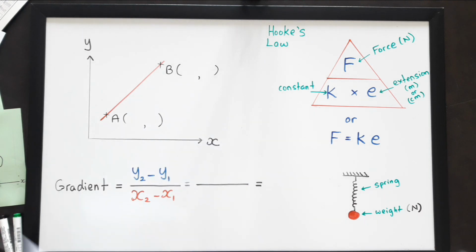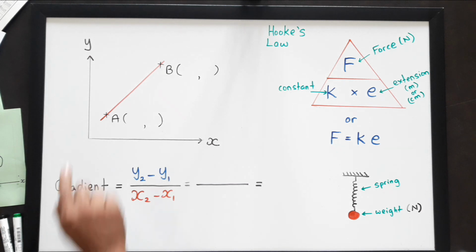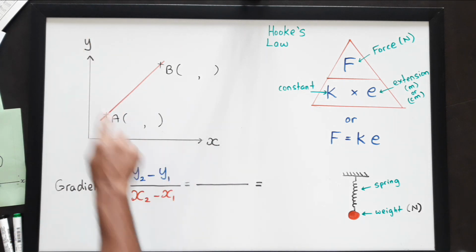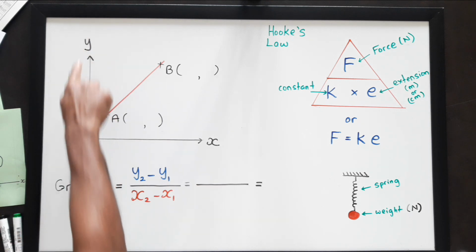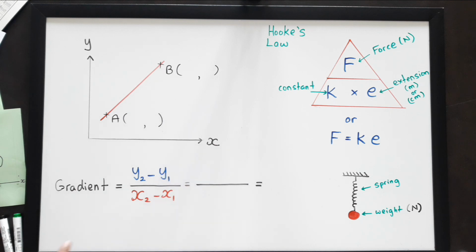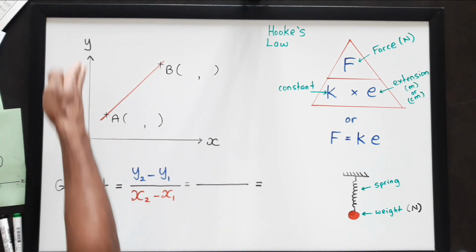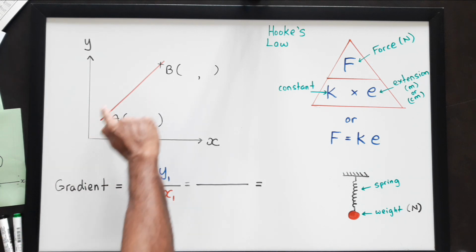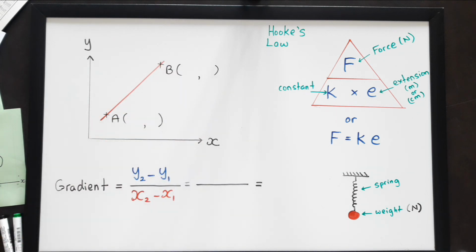Alright, so let's get started. So I'm going to show you all how to find the gradient of a straight line. Here we have a graph with a y-axis, which is the vertical one, and a horizontal axis, better known as the x-axis. Very important that you remember the x is horizontal, the y is vertical. And here we have a red line on the graph.